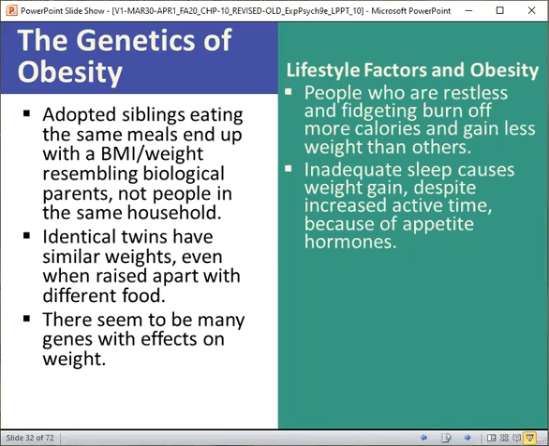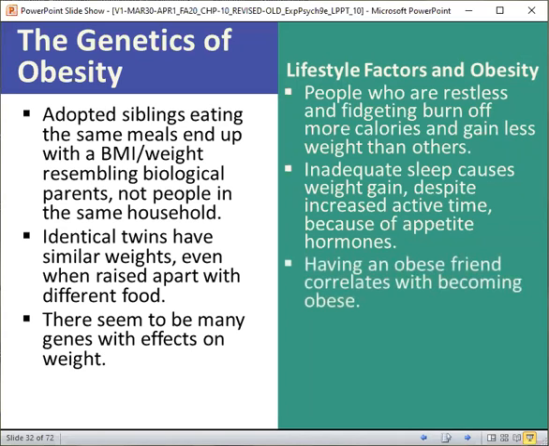Inadequate sleep causes weight gain despite increased active time because of appetite hormones. Okay, because again, it's hard for us to fight the hormones that tell us to eat, because you're up at one o'clock in the morning doing some stuff. You may be active and fidgety and all this other stuff, but more than likely those hormones are going to be released. Go ahead and let's have a cheeseburger or whatever.